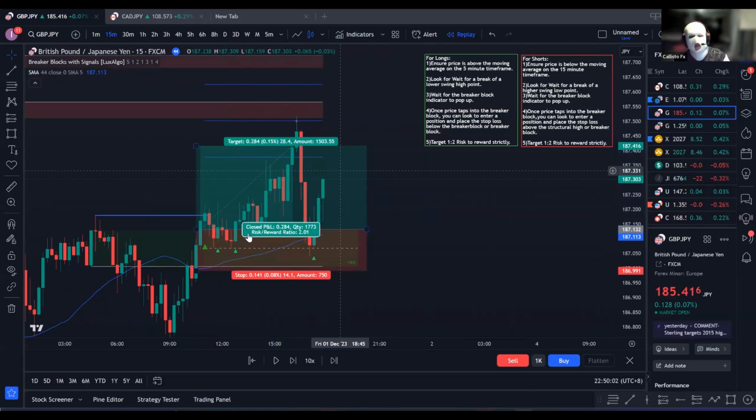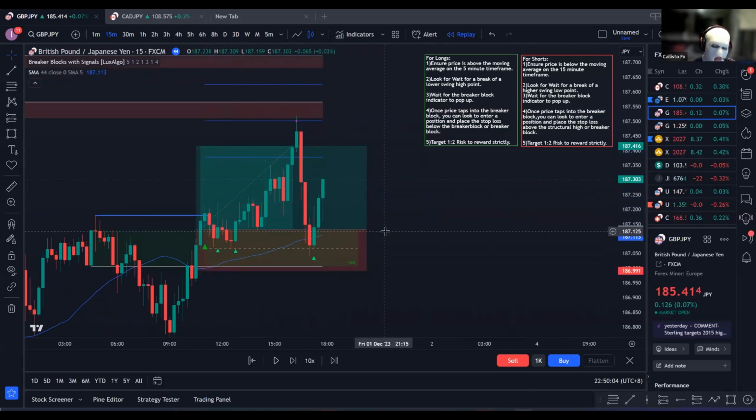Now, if you're saying, what if I just set a buy limit, a limit order? There's something that you need to get used to. When you set a buy limit or a sell limit, you will definitely experience some drawdown.